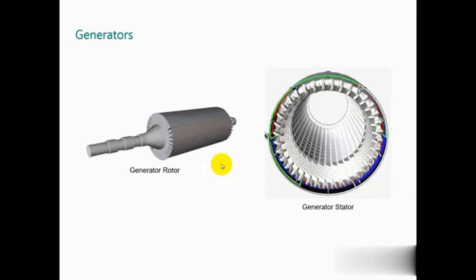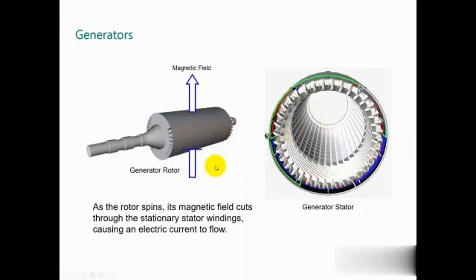A generator is similar to an electrical motor, but the difference is that now you have a rotating electrical field, applied by torque from a steam turbine, gas turbine or hydro turbine, and it converts this into electricity. In generators, you have voltage up to 26,000 volts.